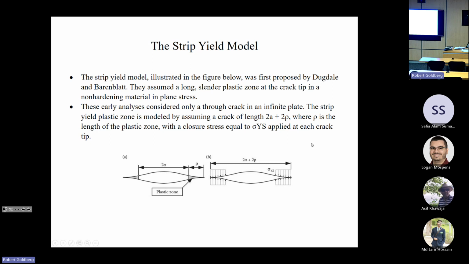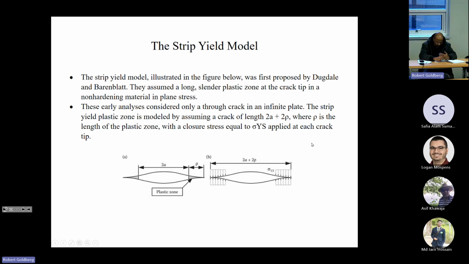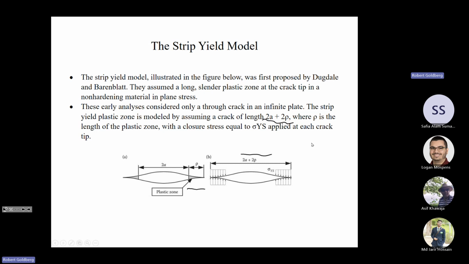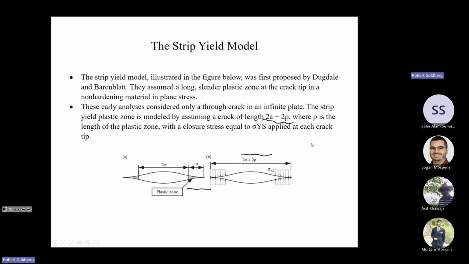And for the strip yield plastic zone, we assumed that the total crack length was equal to 2a plus 2 rho, as illustrated here, where 2a was the length of the original elastic crack, and rho was on each side the length of the plastic zone of the crack, and obviously 2 rho because we have two sides for this configuration.